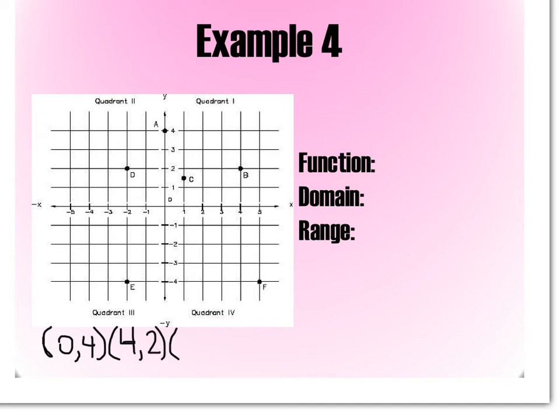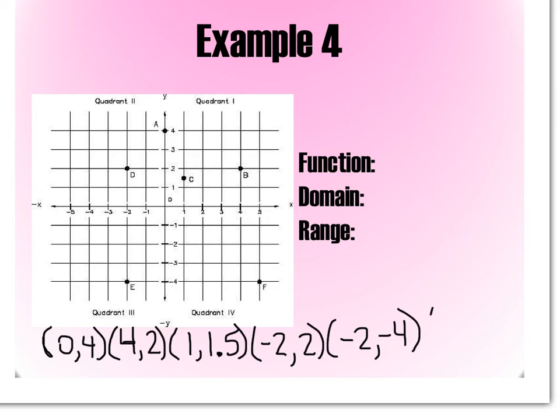Point C is located at (1, 1.5), or 1 5/10. Point D is located at (-2, 2). Point E is located at (-2, -4). And point F is located at (5, -4).